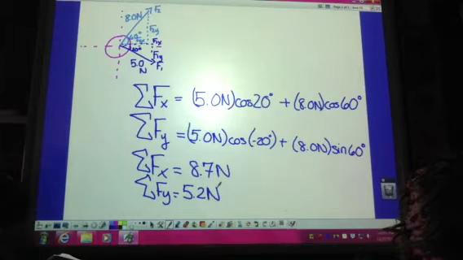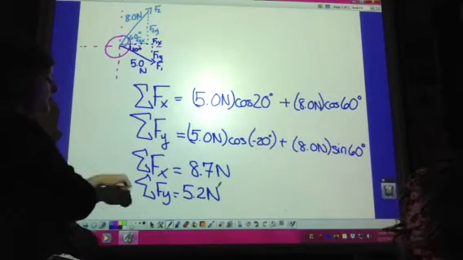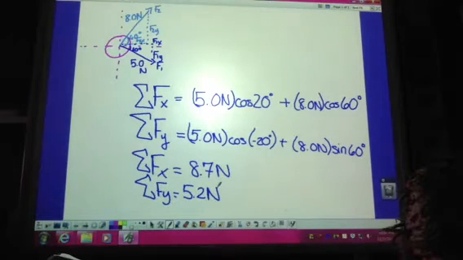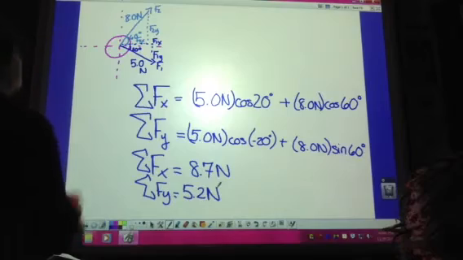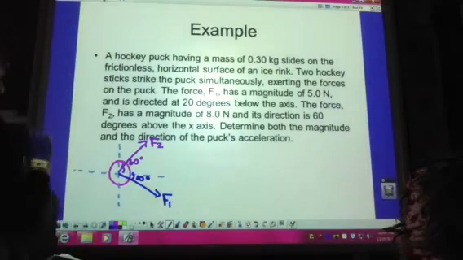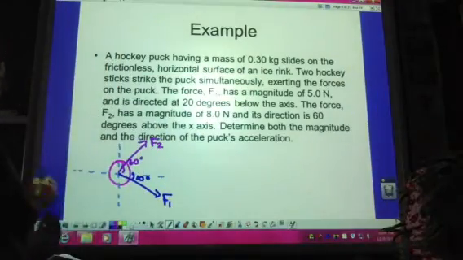Okay, so now that I know the sum of the forces in the x direction and the sum of the forces in the y direction, we could actually go ahead and solve for the acceleration in both of these directions as well. Because the problem said that the hockey puck has a mass of 0.30 kilograms.